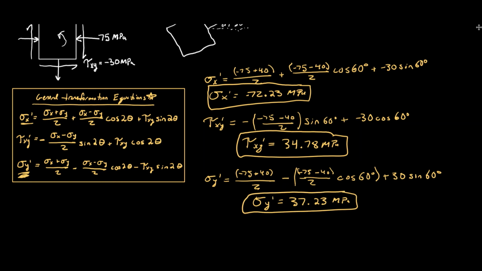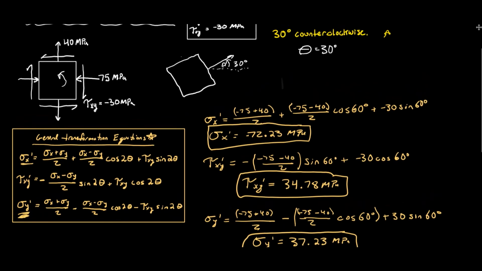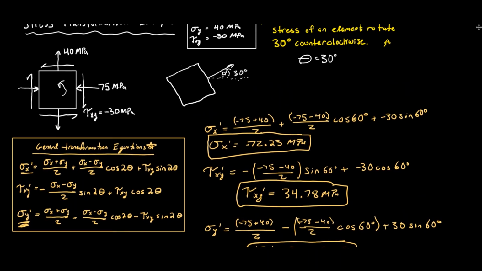So we have a negative x component of normal stress, a positive shear stress, and a positive y. If we go back up here and write what our new element looks like, we rotate this 30 degrees. Our new x component is negative, so the stresses are coming into the body, negative 72.23.